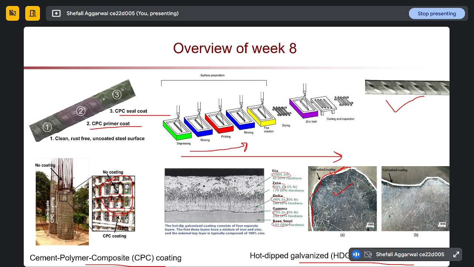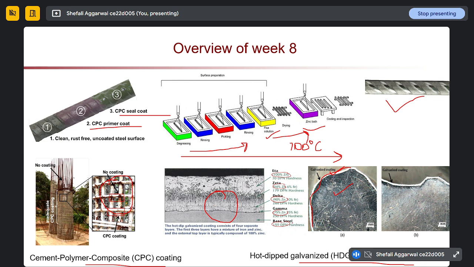Because of the flux solution, when we are putting it in the zinc bath, the temperature is very high, more than 700 degrees Celsius. Your rebar will already be hot, and when we coat it with zinc, the interfacial layer between zinc and steel will contain both zinc and iron.